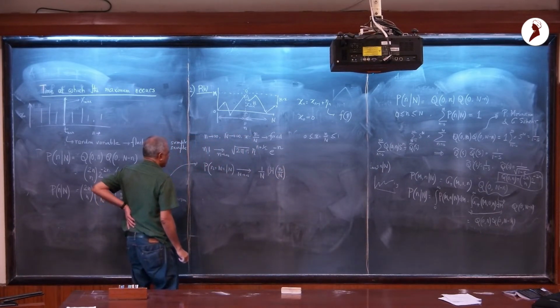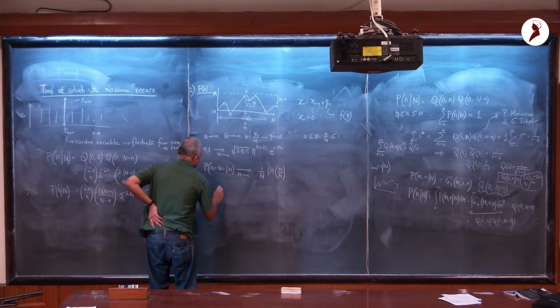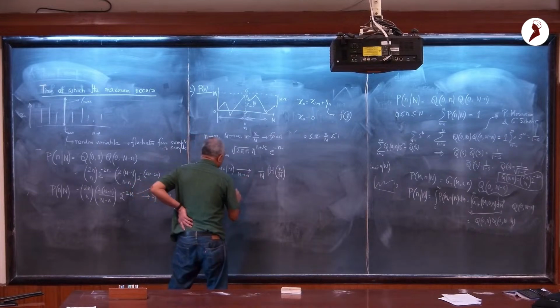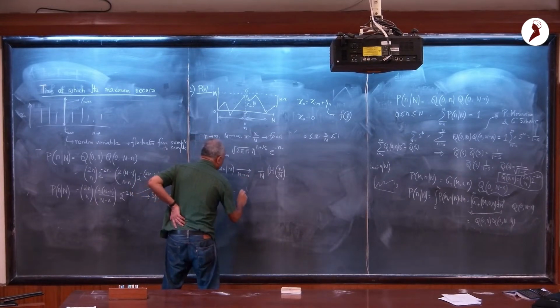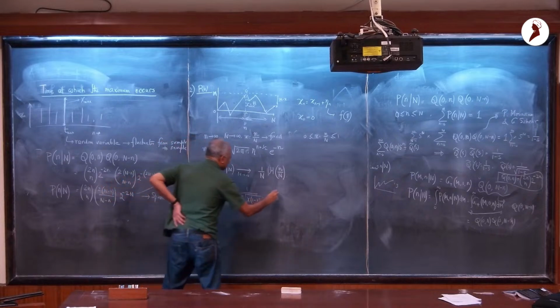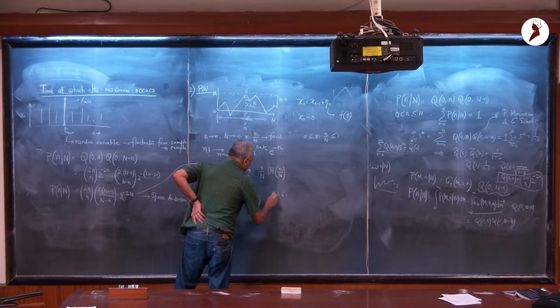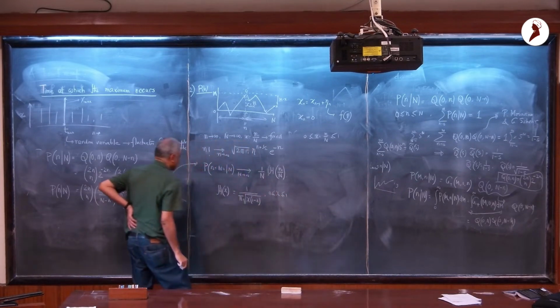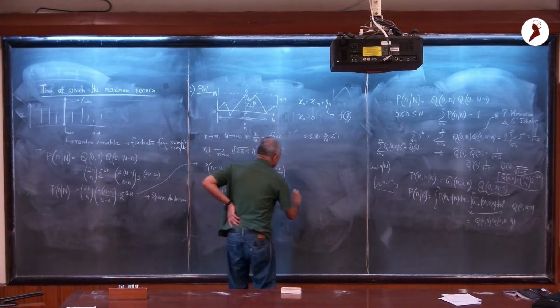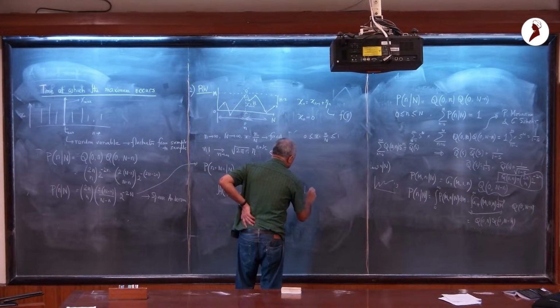And this function h of x, with x supported between 0 and 1, has a very simple form. Okay. And this is called Levy's arc-sine law.